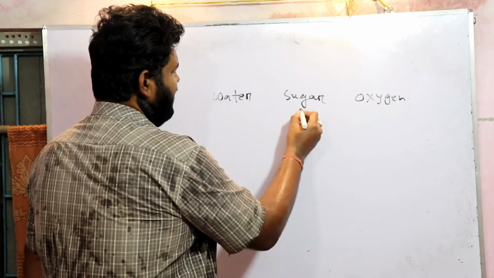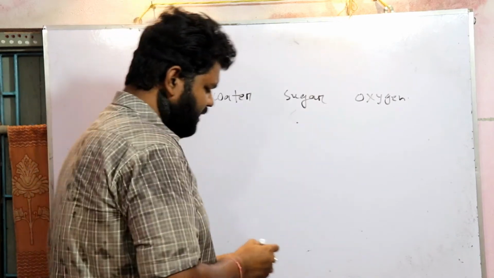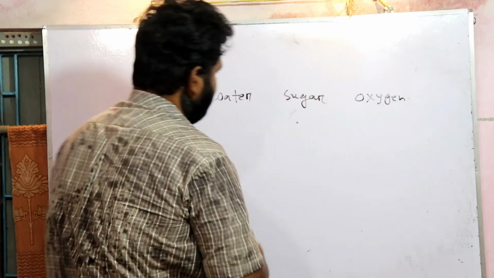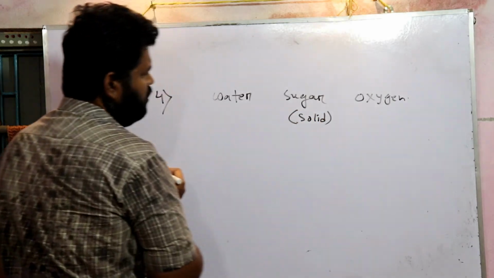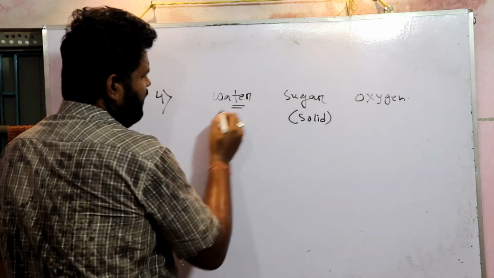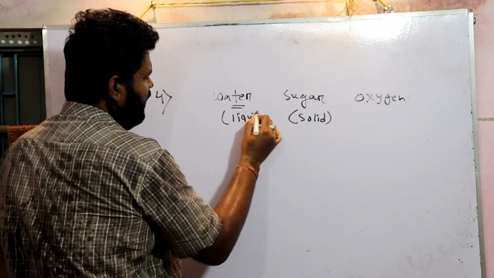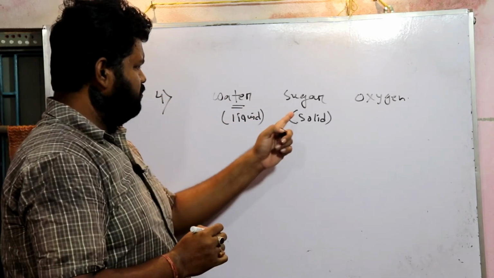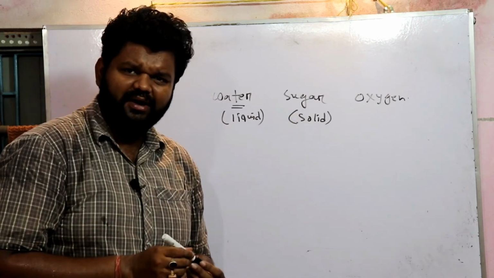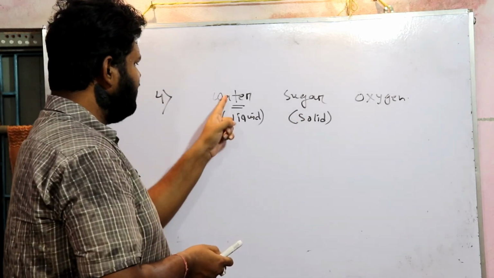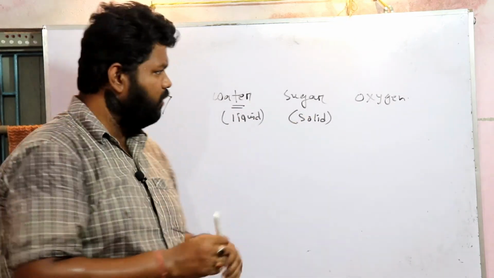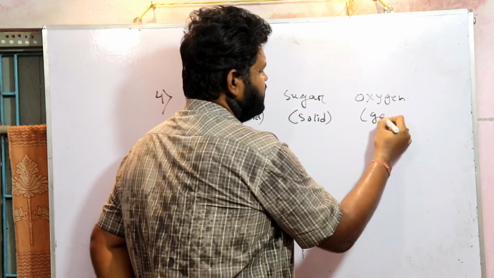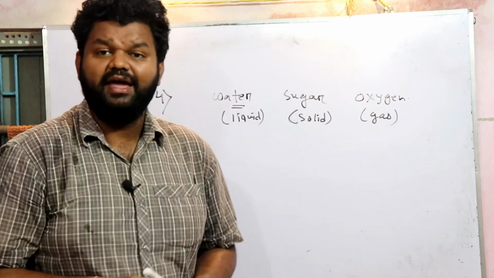Here sugar is a solid particle, so it will have maximum attraction force. In case of water, it is a liquid, and it has less than the solid particle. And in case of gas, the attraction between the gaseous particles is very low.